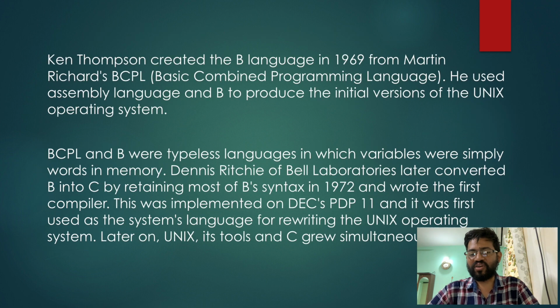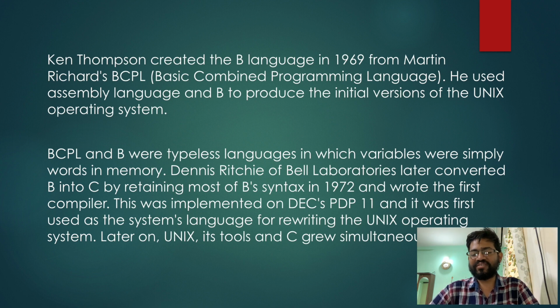Ken Thompson created the language B in 1969 from Martin Richards' BCPL, Basic Combined Programming Language. He used assembly language to produce the initial versions of the Unix operating system.